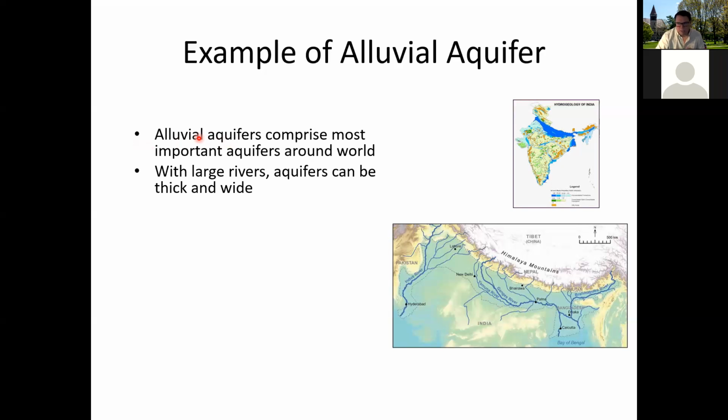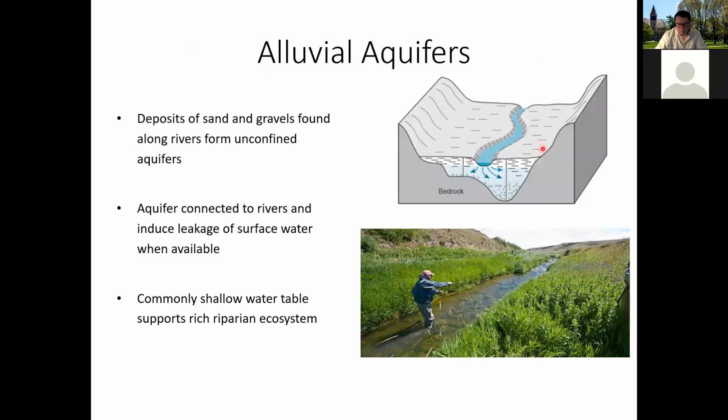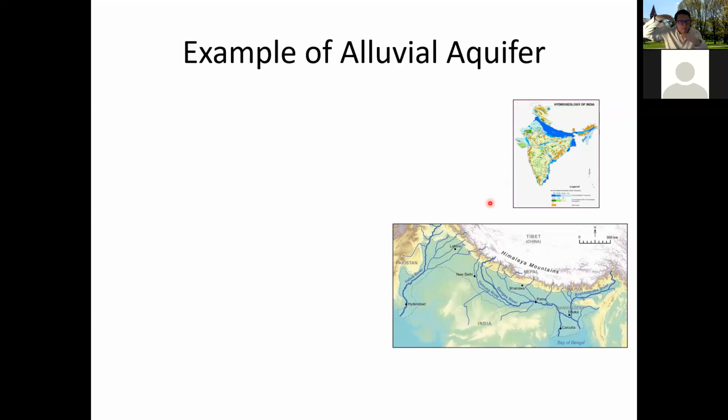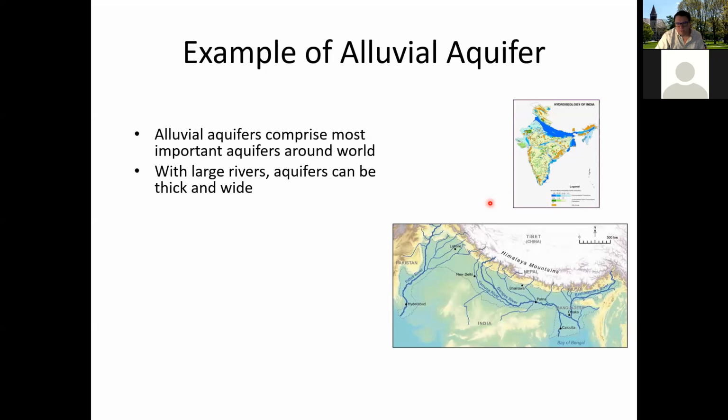Like we talked about with the river channel here, these can be pretty wide, and in flat-lying areas next to really big topography like the Himalayas, you find that most of the area down below is covered by alluvial deposits. As a result, a lot of the rivers that come out of the Himalayas, the Indus, eventually the Ganges and Brahmaputra, all have major, wide, encompassing alluvial aquifers with quite thick sediments being deposited.